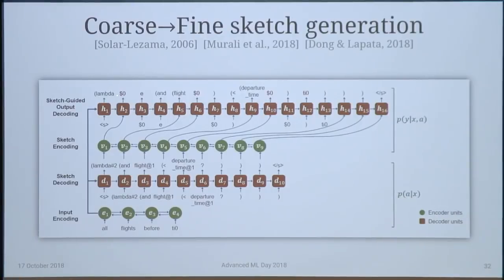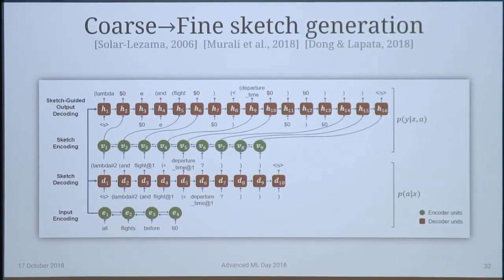Like in here, if this is an expression that I want to generate, this is a function that selects all the flights whose departure time is less than that. So remove all the constants and variables from this process, and you get a template: a function that selects all flights whose departure time is less than something.